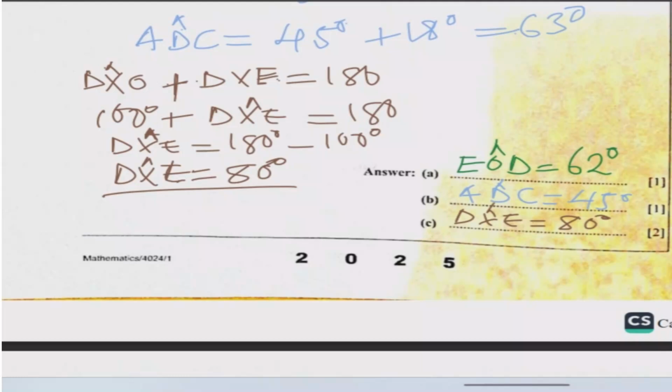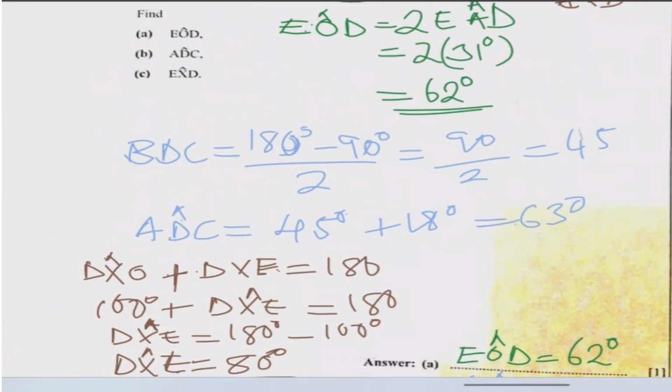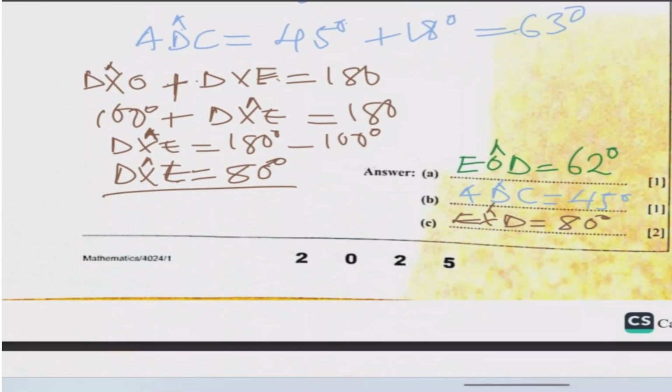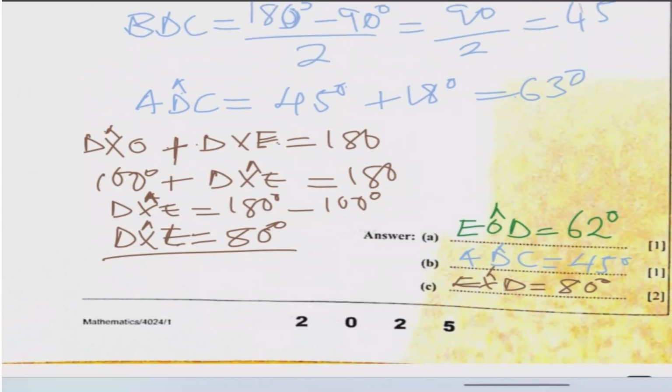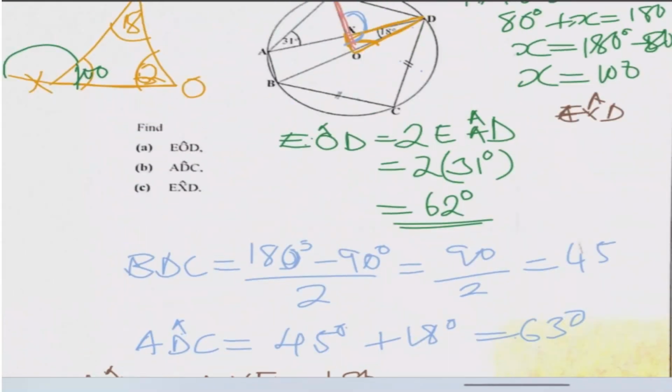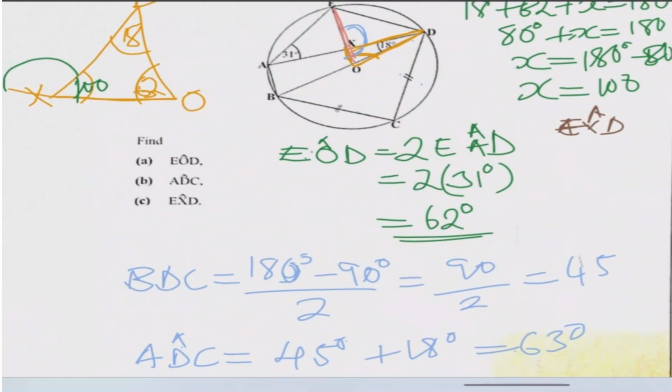So here I'm just going to label E and D and then write angle EXD is equal to 80 degrees. Please never mind the way I've named these angles. It's just the same as there. You can see that X is at the center and D and E have swapped, but it should be EXD. That is the name of the angle there.